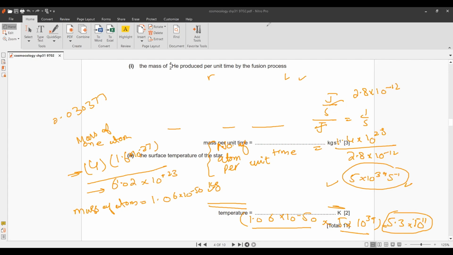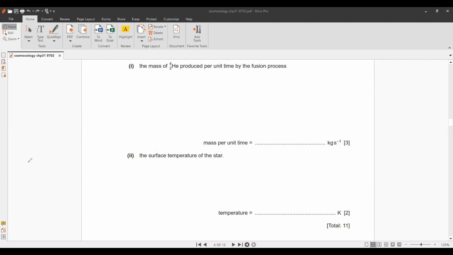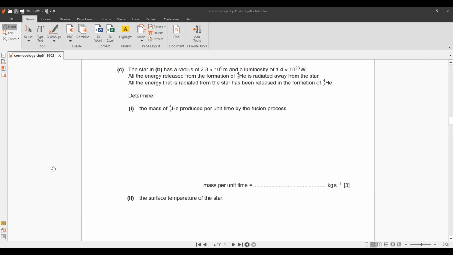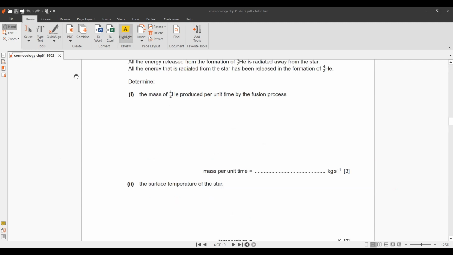For the next part, they have asked us to find out the surface temperature of the star. So what data do we have? We have luminosity, we have the value of R, and we know the value of Stefan's constant. So let's put the values in the equation.